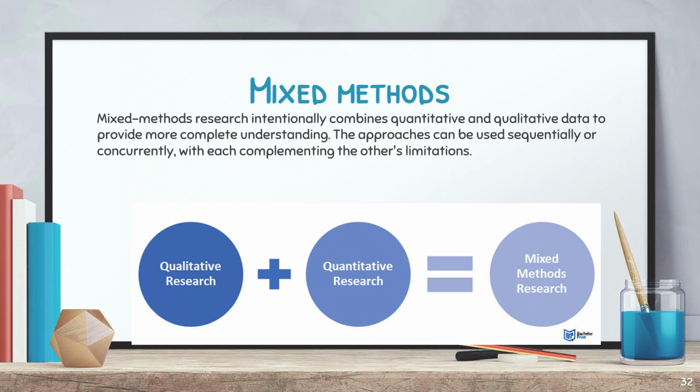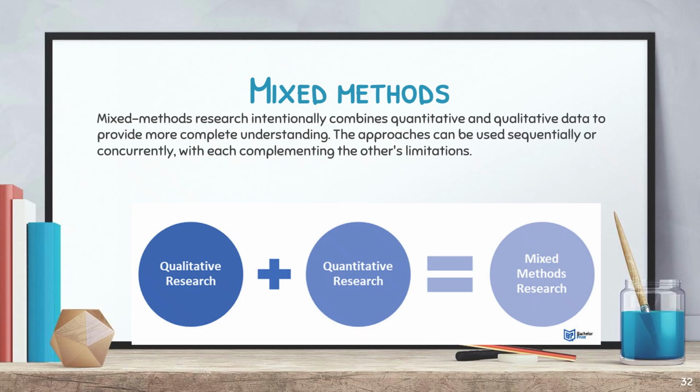So you could do a survey and then interviews, or you could do both at the same time. And they complement each other because each type of research has limitations. So this complements and fleshes out those limitations. So if you want to do both, you're welcome to do both.